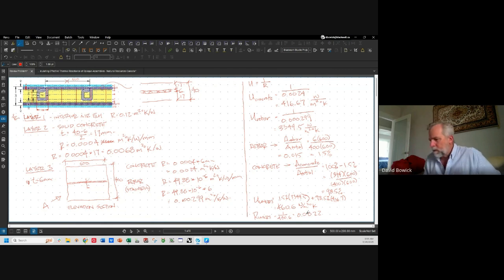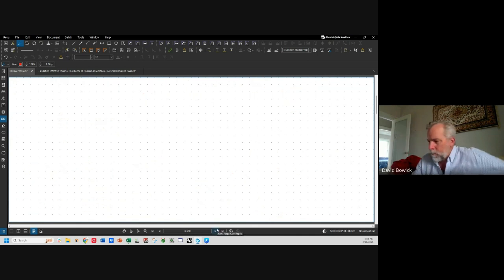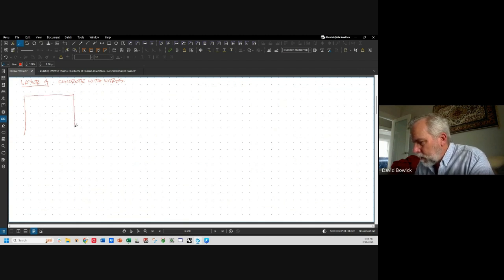So let's look at layer 4. This is concrete with wires. We're going to do the same thing. We're going to look at what this looks like in elevation section.